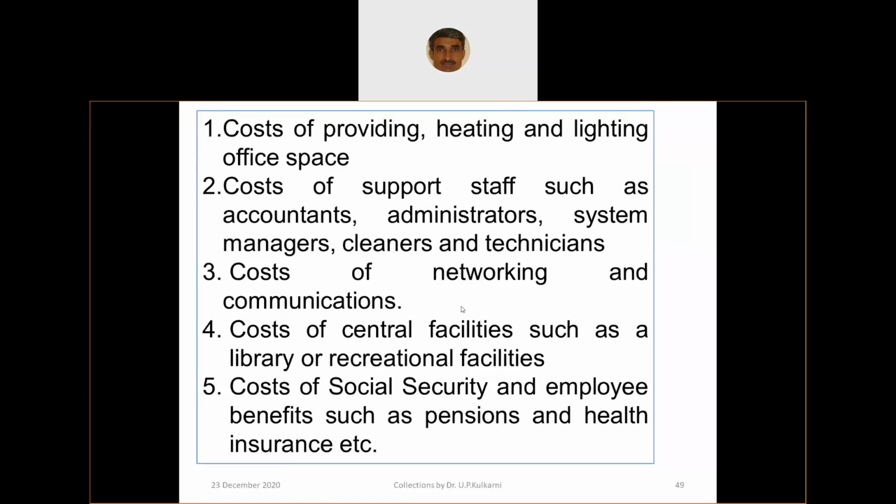All that is cost to the company. Anything that costs the company becomes a part of the product cost.